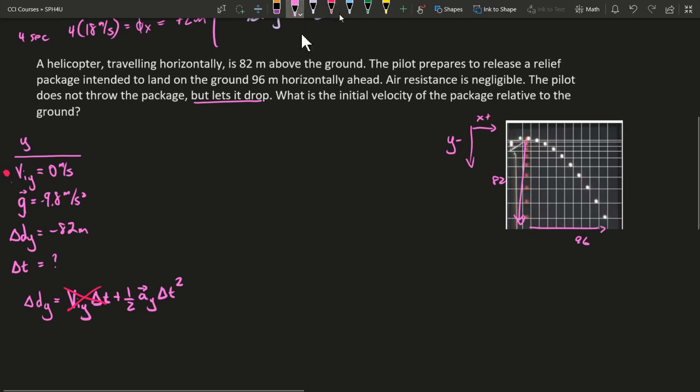And so placing my variables in here, I got negative 82 equals 1/2 times negative 9.8 times delta t squared.